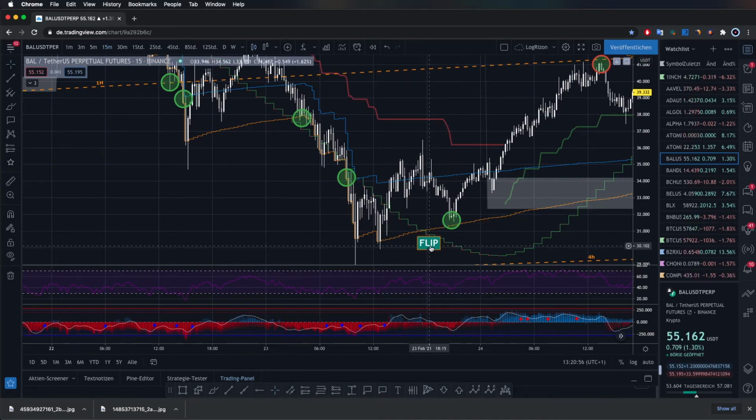So at this point, I decided to flip from bearish to bullish. So I closed my short trade and went into a long trade, which for sure wasn't a big one, because we were still in a bearish trend.